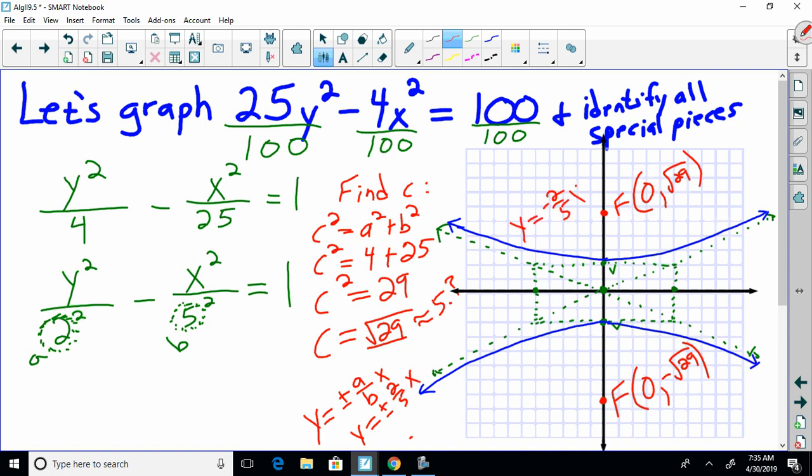Obviously, this one would be the negative 2/5 x because it goes downhill from left to right, has a negative slope. Obviously, this one would be the positive 2/5 x, having a positive slope or going uphill from left to right. And there you have it, folks. That's how we graph a hyperbola and find all of its special pieces.